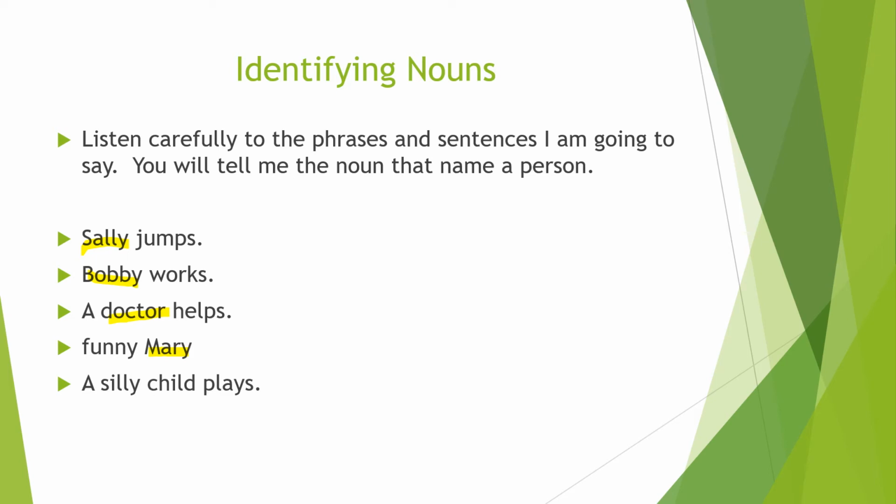A silly child plays. Repeat. What word in that sentence names a person? Child is our person in that sentence. So child is our noun. Last one.